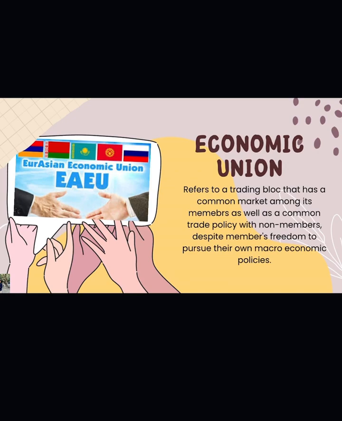Again, we have the European Union as a good example of this one, which came into force in 1993, following the signing of the Treaty on European Union, formerly known as the Maastricht Treaty.